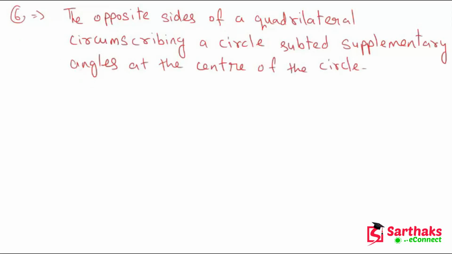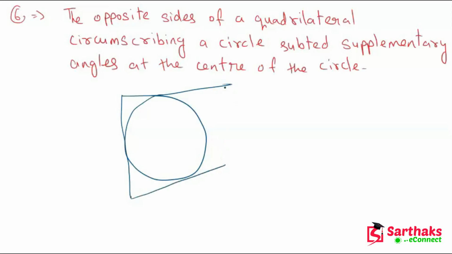Okay, my dear friends, let's suppose we have a circle like this. Now a quadrilateral like this, A, B, C and D. The opposite sides of a quadrilateral circumscribing a circle subtend supplementary angles at the center of the circle.